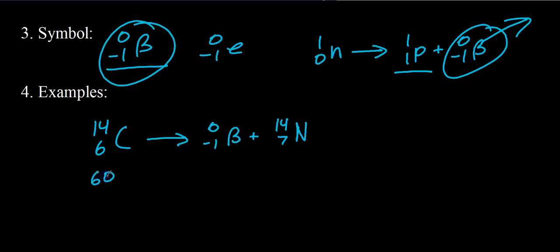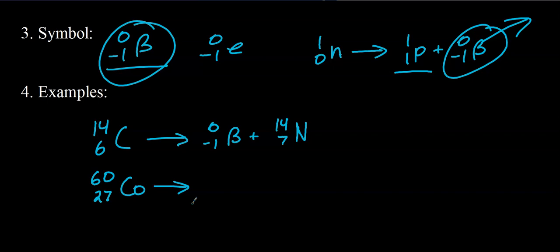All right, here's another example. Cobalt-60 undergoes beta decay. So let's write the equation for that process. What is the nuclear charge of cobalt-60? Find that on your periodic table. Cobalt-60 has a nuclear charge of +27.